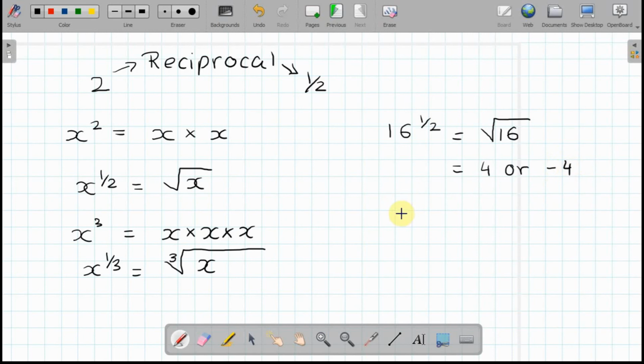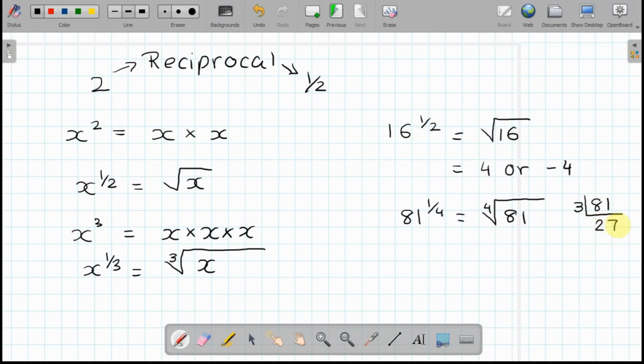Okay, if I have 81 to the power 1 over 4, that's going to be the fourth root of 81. Now, if you're going to struggle to find the fourth root of 81 mentally, I would suggest we write this down. 81 comes in the 3 times table, so you divide it by 3. You just use prime numbers here.